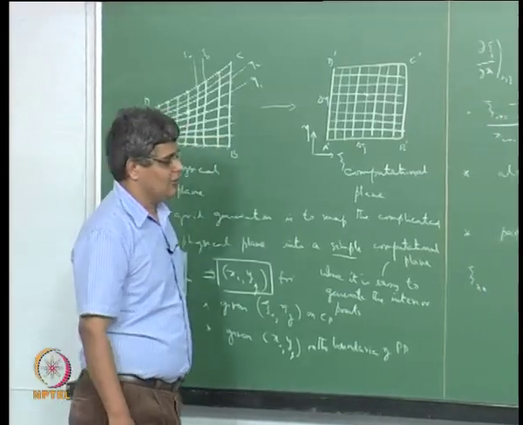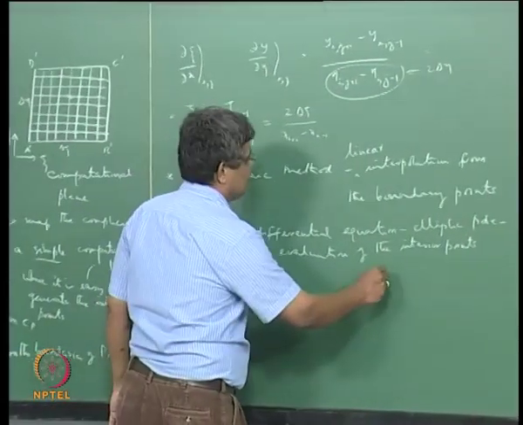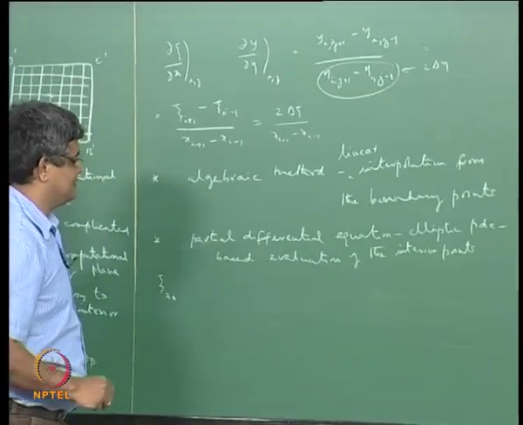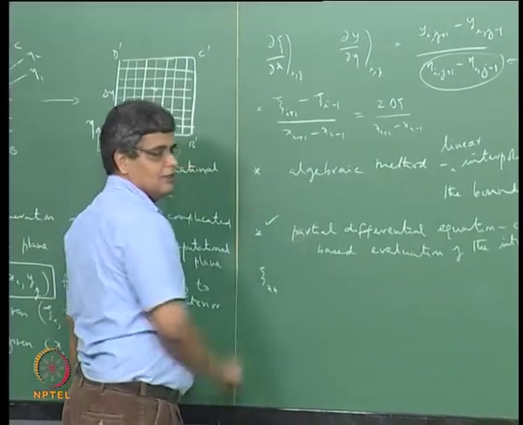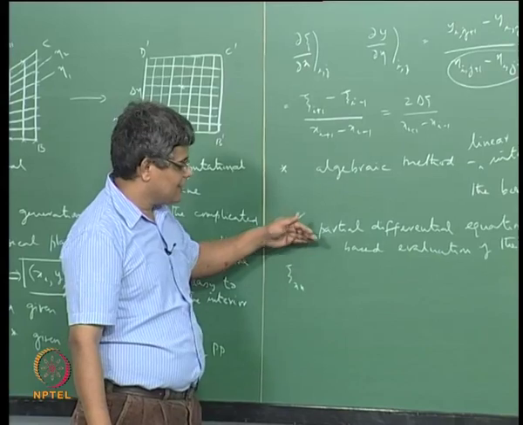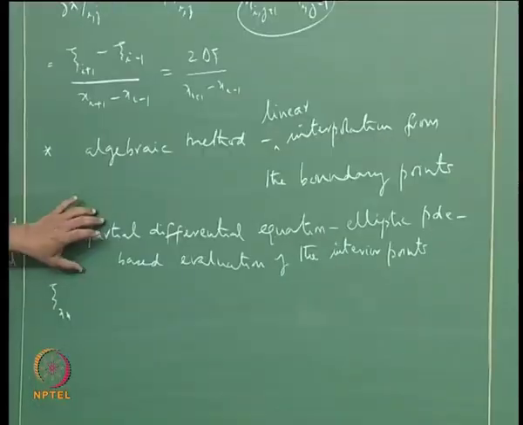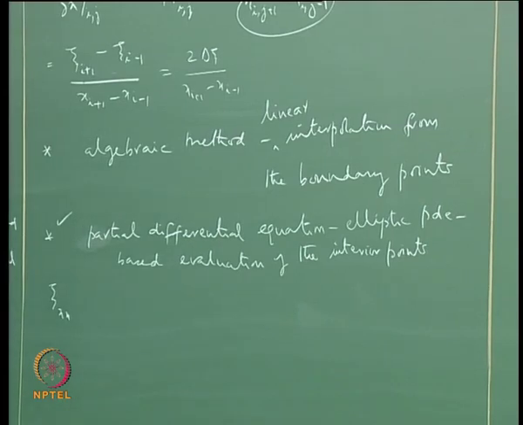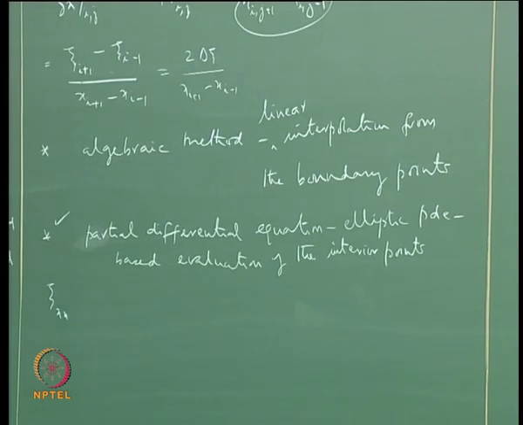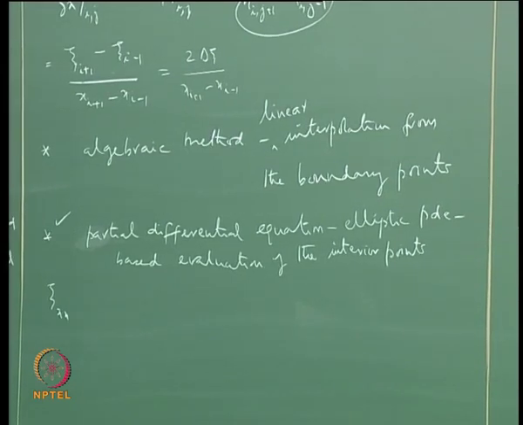So this is obviously more beneficial when we are dealing with a body fitted grid system. So this is to be preferred, but we will see that the generation of these internal points based on this approach is not so trivial, and that itself requires solution of additional partial differential equations. So that makes it more time consuming.